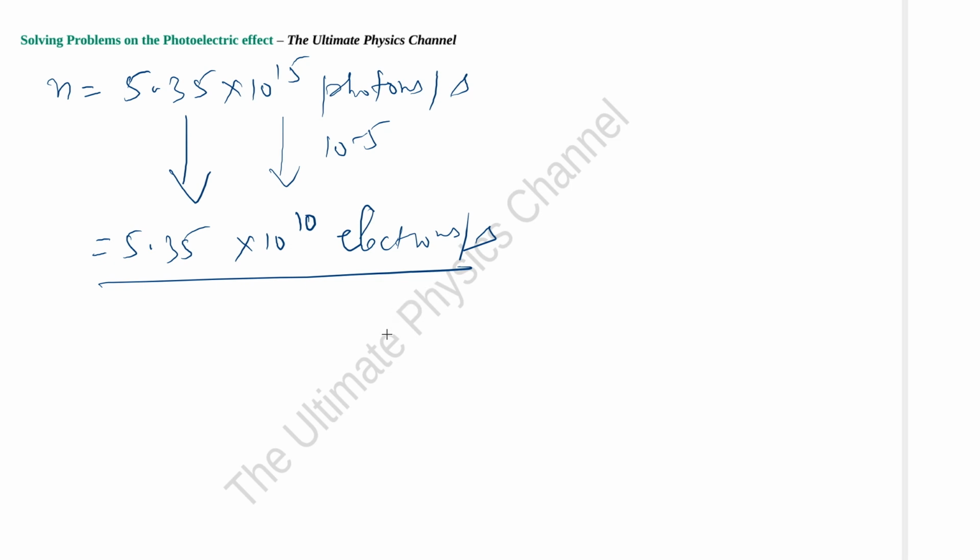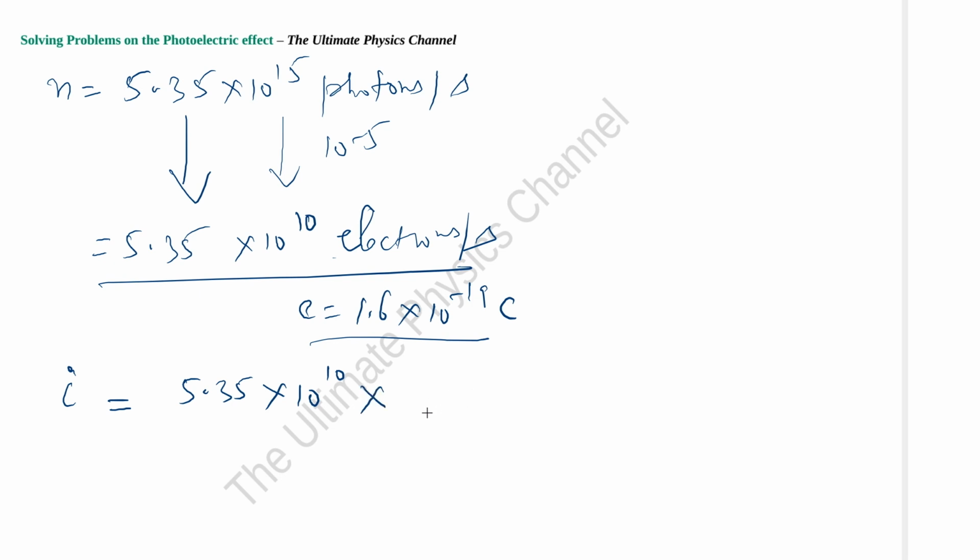So using this, we can calculate now the current easily, because each electron would contribute a charge of 1.6 into 10 power minus 19 coulomb, right? The value of electron charge is this. So the current is, of course, the rate of flow of charge. So the current, let's say, is small i here. i is equal to 5.35 into 10 power 10 electrons per second times the charge of each electron.